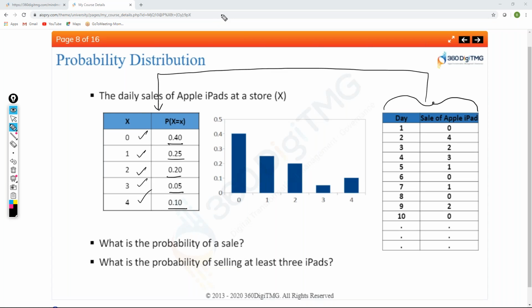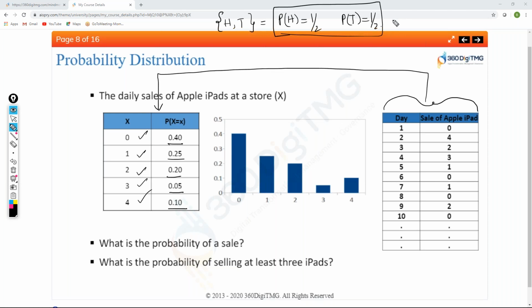And one more thing, if I toss a coin, I might get a head or I might get a tail. Probability of getting a head is 1 by 2, and probability of getting a tail is also 1 by 2, right? Now, what is the total probability of all the events occurring? What is the total probability? 1.